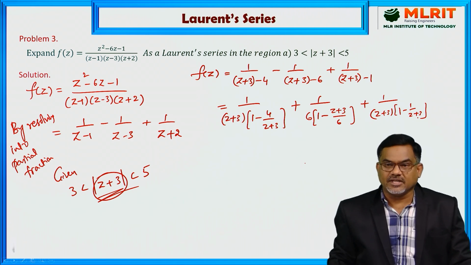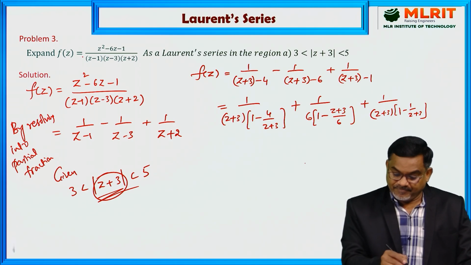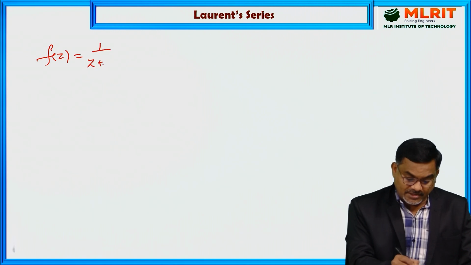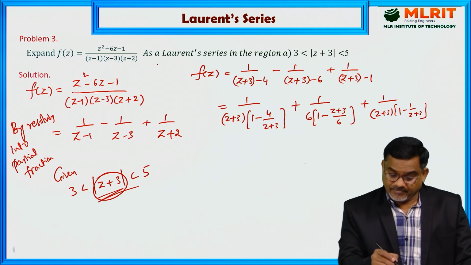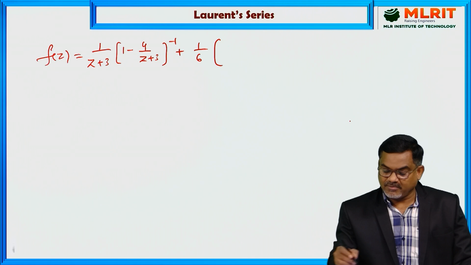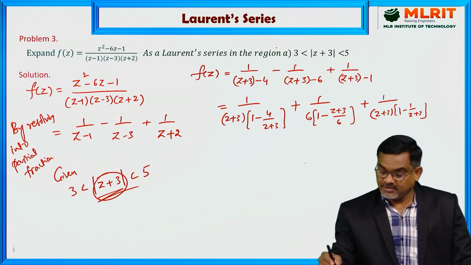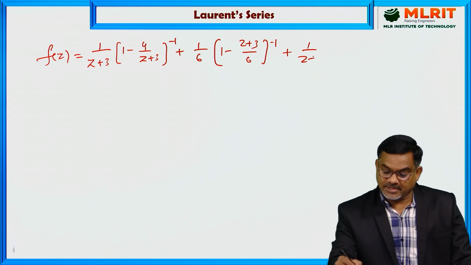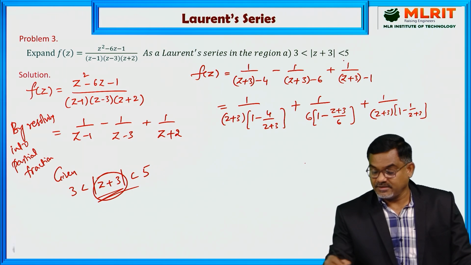So, using the known expansions, we can expand this: f of z equal to 1 by z plus 3 whole, into (1 minus 4 by z plus 3) power minus 1, plus 1 by 6 into (1 minus (z plus 3) by 6) power minus 1, plus 1 by z plus 3 into (1 minus 1 by z plus 3).